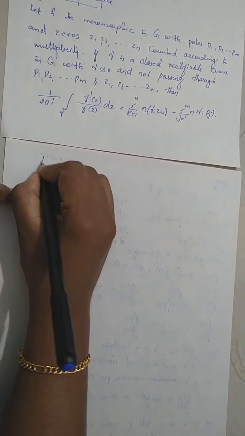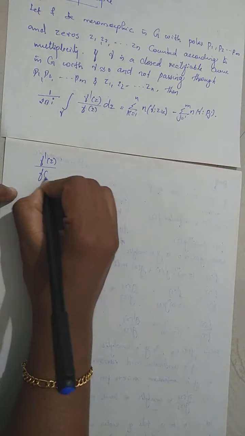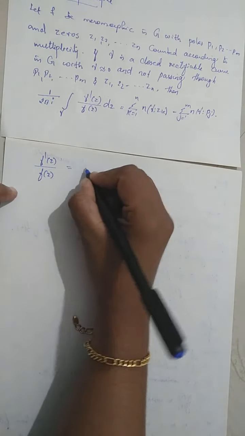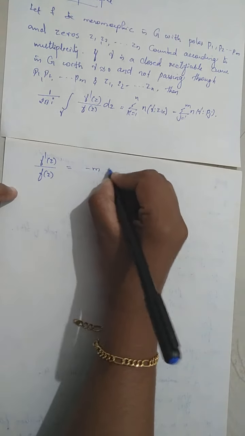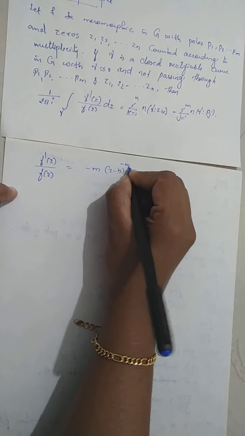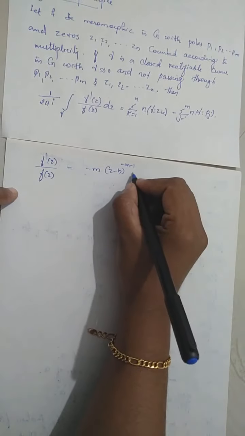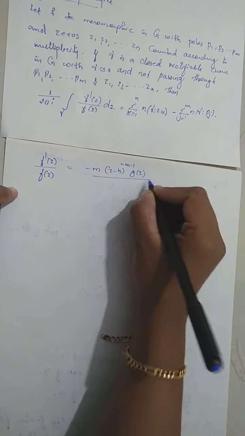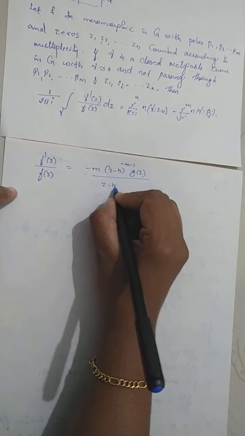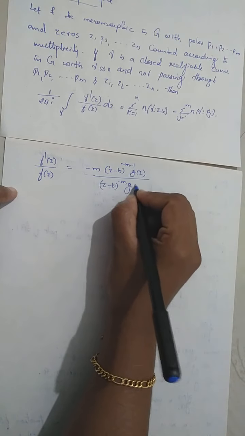Then f dash z divided by f z will be, the first term was minus m (z minus b) raised to minus m minus 1 into g z, divided by f z. What is f z? (z minus b) raised to minus m g z.